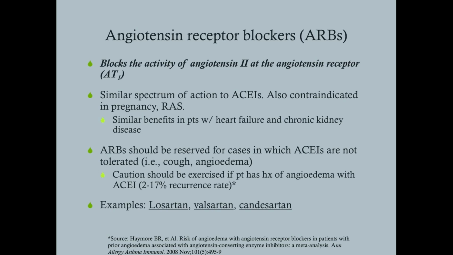Just give them fair warning that if you start to have any tingling in your lip or tongue, the least bit of swelling, go immediately to an ER. But for the vast majority of these patients, even the ones with angioedema on the ACE inhibitors, they'll be completely fine on the angiotensin receptor blockers. Some examples of the angiotensin receptor blockers include losartan, valsartan, and candesartan.